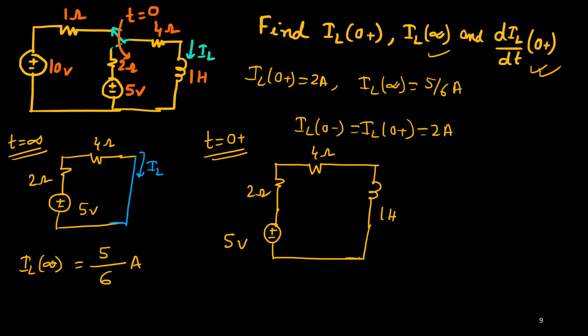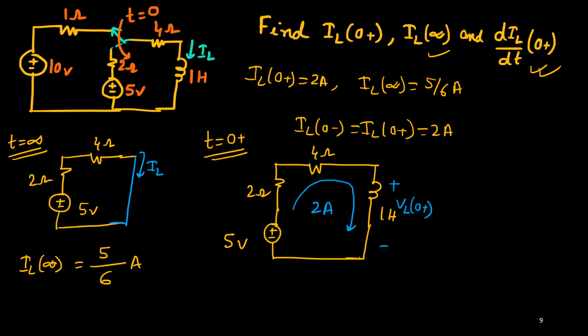So at t equal to 0 plus, we know that the current is 2 ampere. So that current is circulating here. That is sure. But we don't know what the voltage across the inductor is. So that voltage we can find out at 0 plus using KVL.